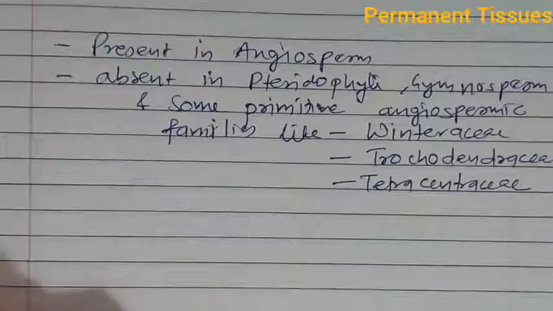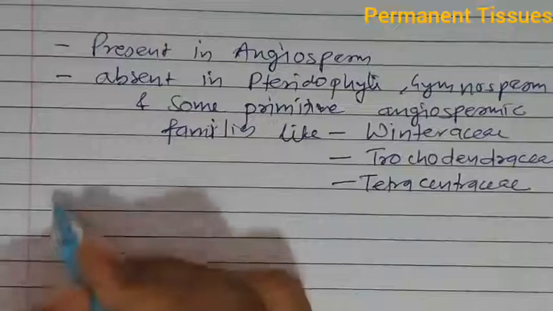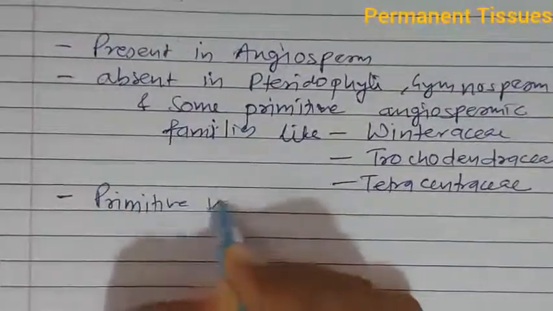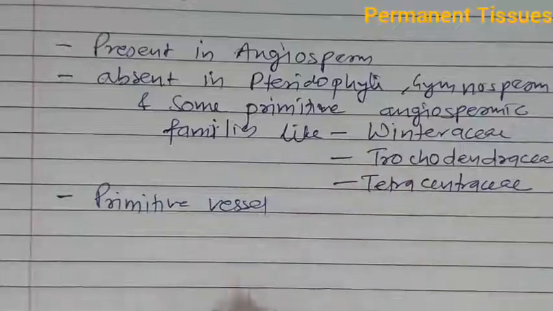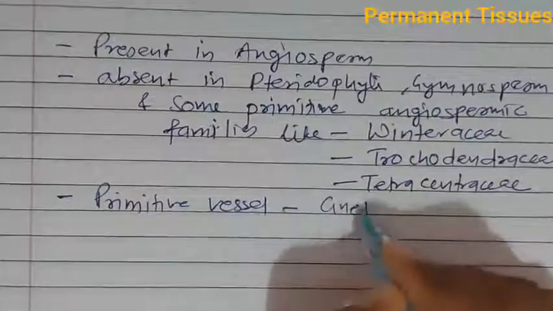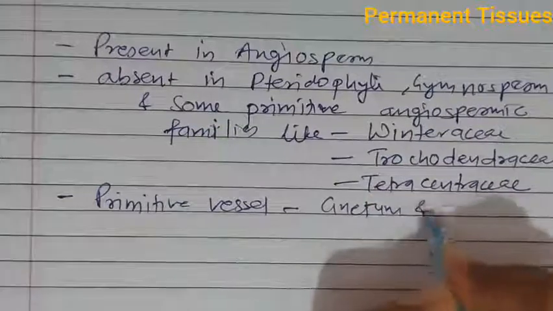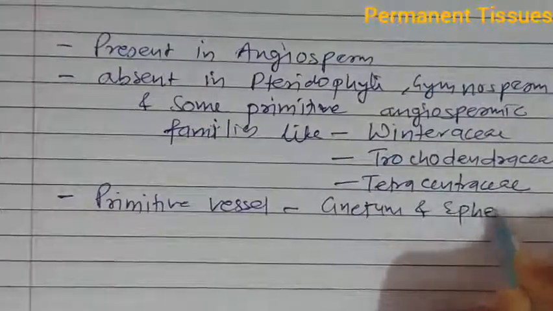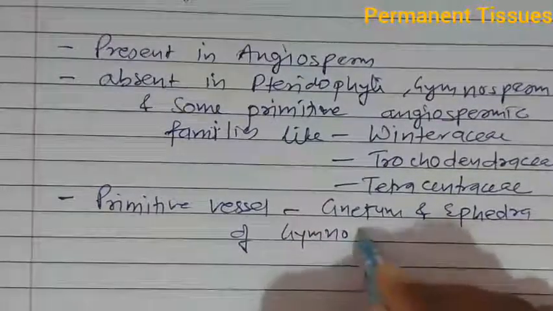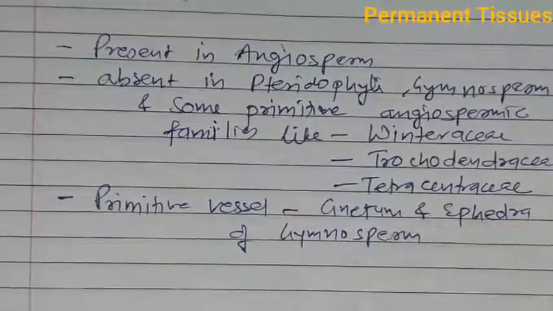Means in all angiosperms these vessels are present, that is not like that. Some primitive vessels are present in Gnetum and Ephedra plants of gymnosperms.